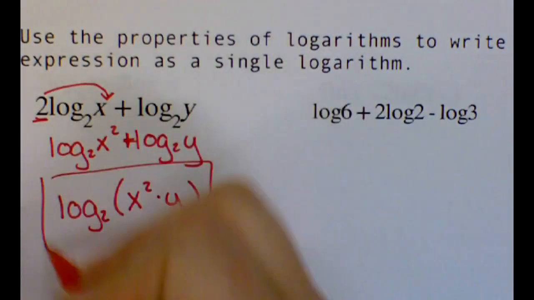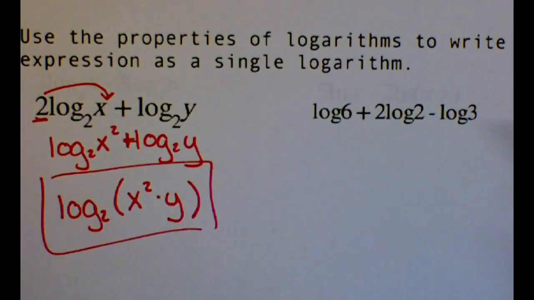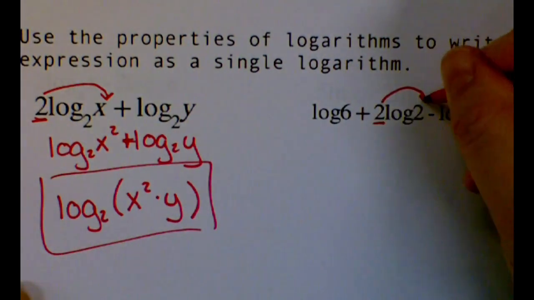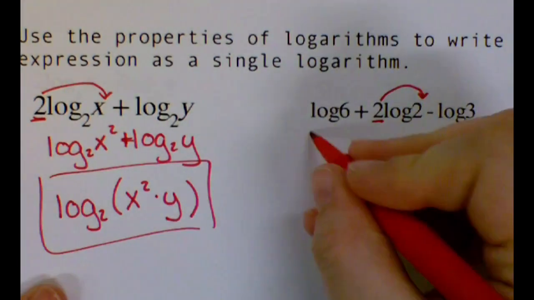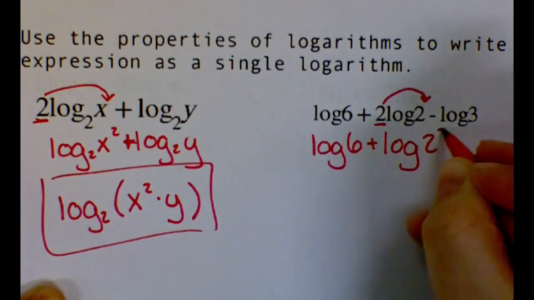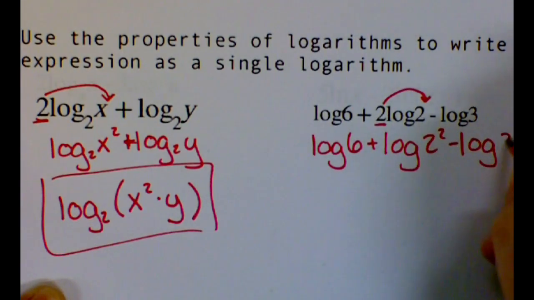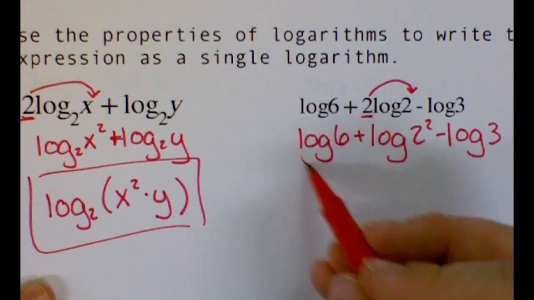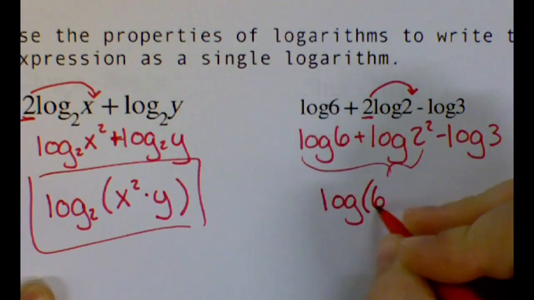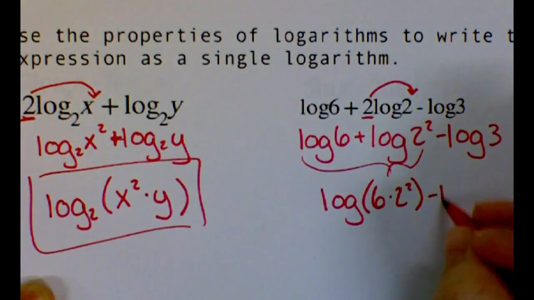There we go. Log of 6 plus 2 log of 2 minus log of 3. Remember, those have a base of 10. I see a power here, right? A constant out front becomes a power. So I have log of 6 plus log of 2 squared minus log of 3. Well, my addition can squish together to be multiplication inside. So we have log of 6 times 2 squared minus log of 3.